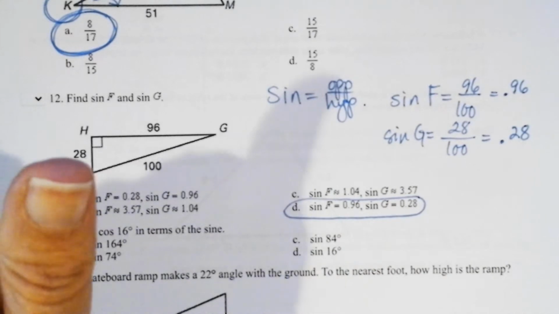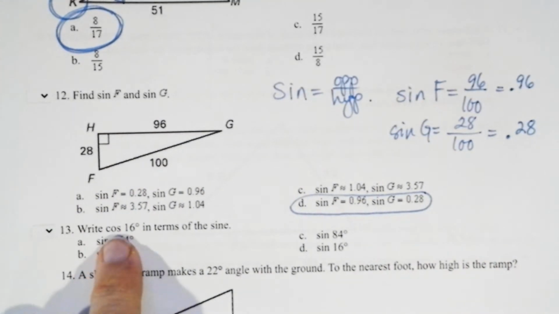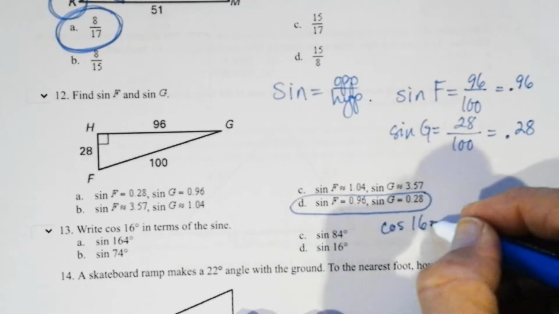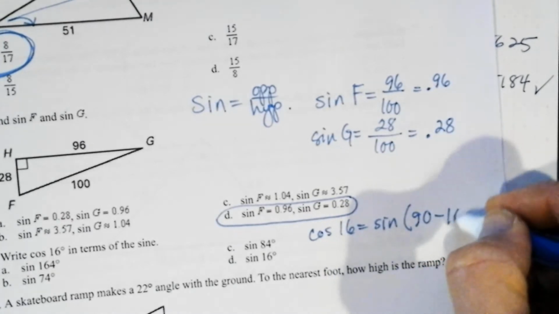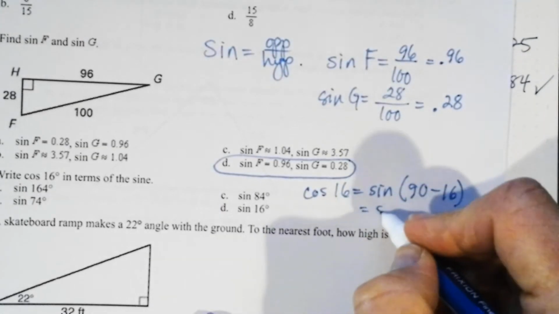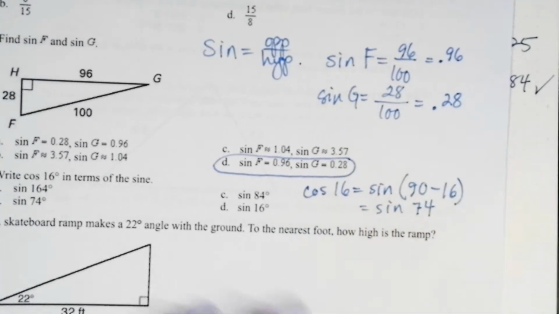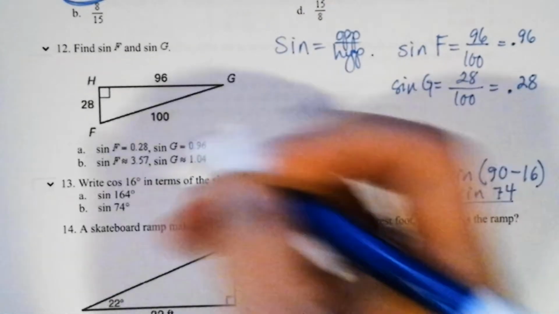The sine of one is the cosine of the complement, and the cosine of one is the sine of the complement. So if I want to write cosine 16 in terms of the sine, cosine 16 is equal to sine of the complement. And that is sine 74. Which is B.